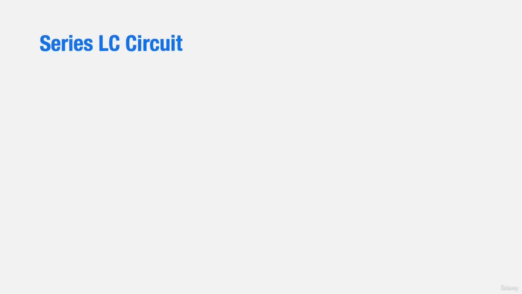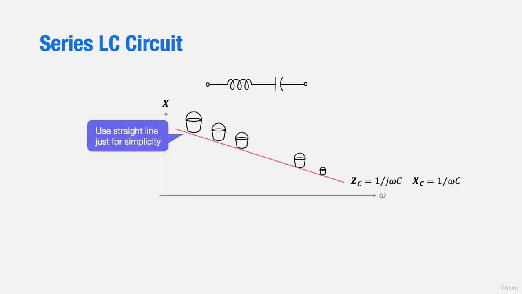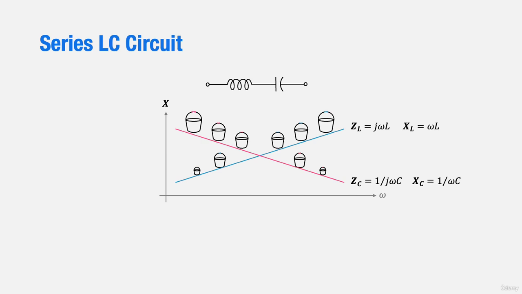Now let's consider a series LC circuit. As the frequency increases, the capacitor's bucket, that is its reactance, becomes smaller, whereas the inductor's bucket becomes larger. At the crossover frequency, the two buckets will be of equal size.